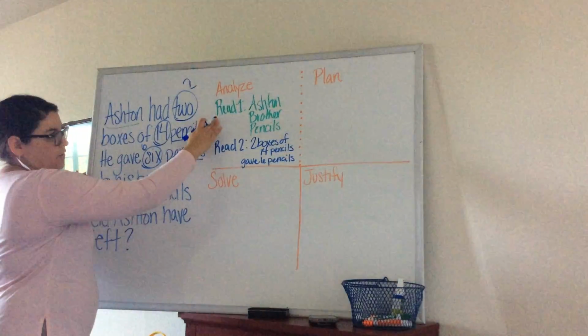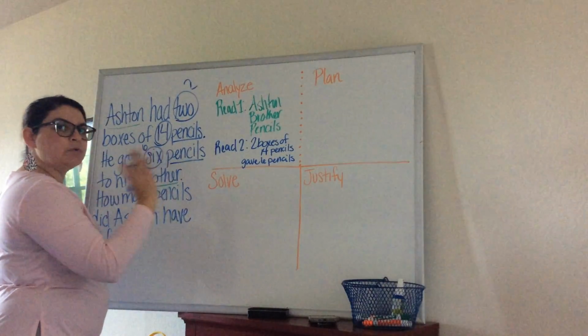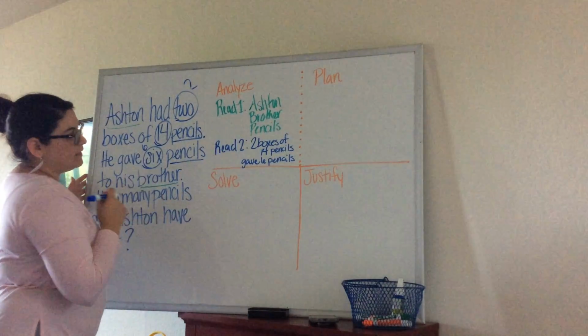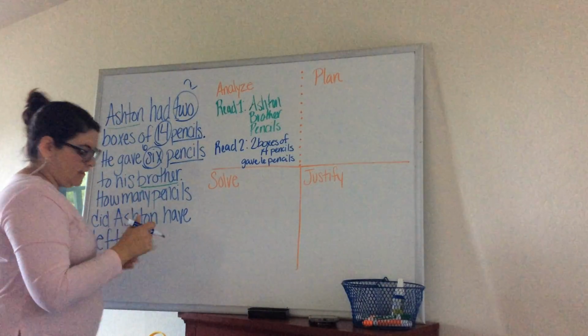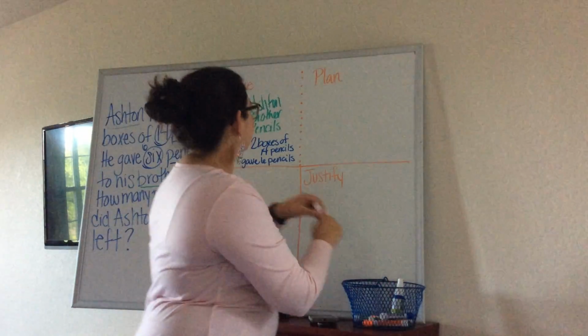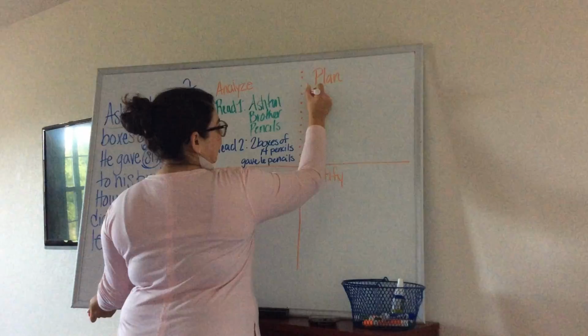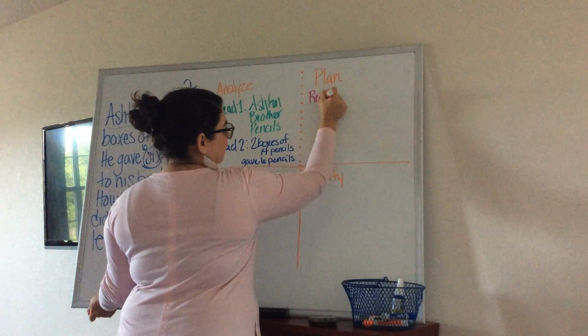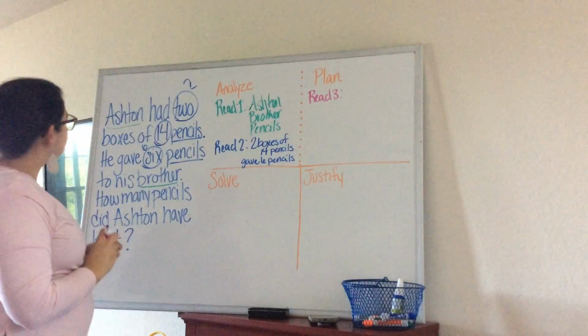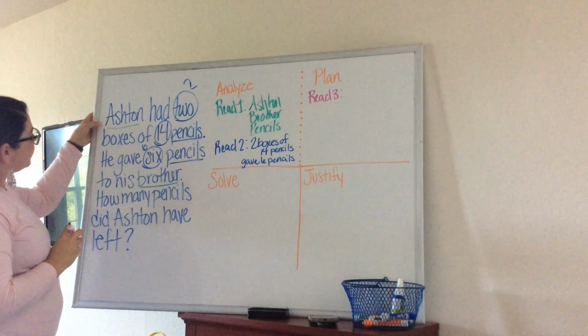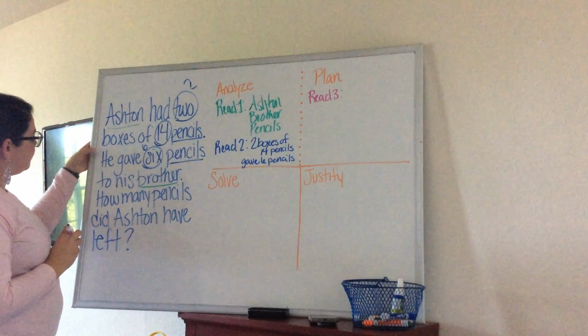So remember, the first time we read, we're just reading about who the story is about. The second time we read, we're looking for all the important math stuff. Then, our last read is going to help us with our plan. We're going to plan out what we're going to do in our third read. So, Ashton had 2 boxes of 14 pencils.